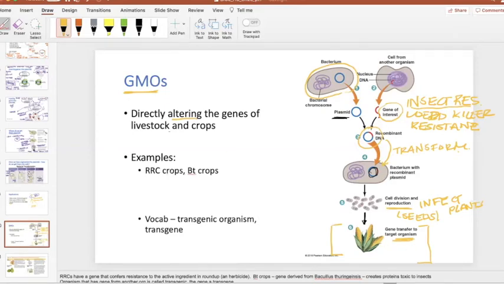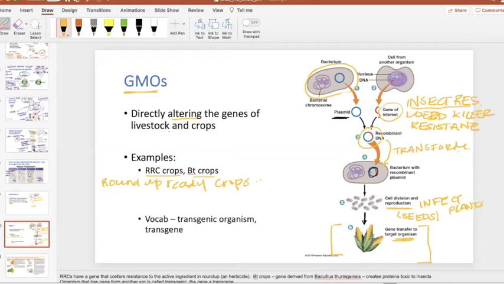So some examples of genes that we insert into corn or other plants. RRC stands for Roundup Ready Crops.